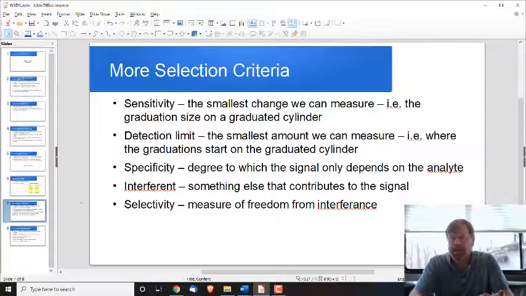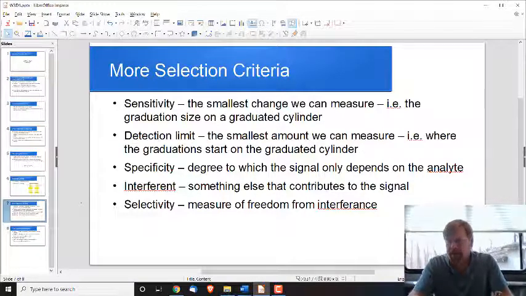So an example of something that's not specific, depending on what you're trying to use it for, might be pH. It will tell me the amount of hydrogen ions in the solution. It is specific to hydrogen ions. It is not going to tell me how much of those hydrogen ions came from the sulfuric acid I put in versus how much came from carbonic acid, which you get from CO2 in air, or how much came from the nitric acid I might have put in.